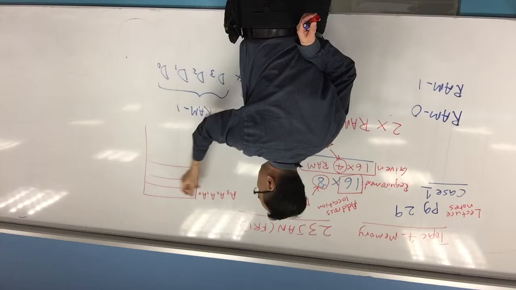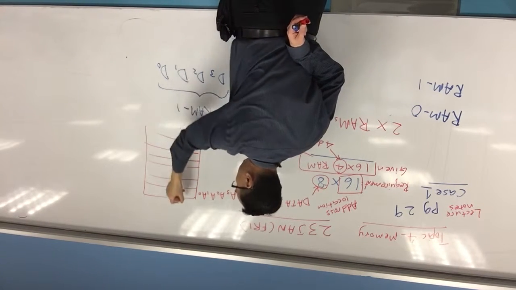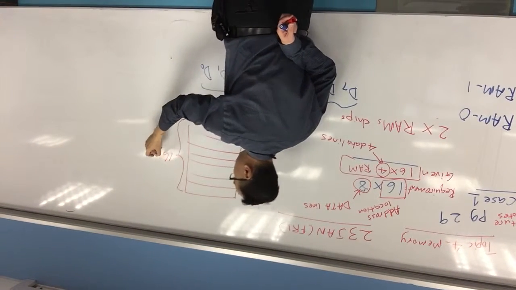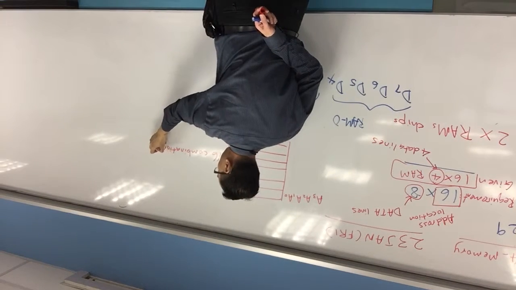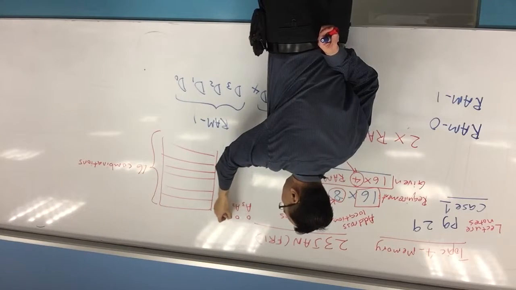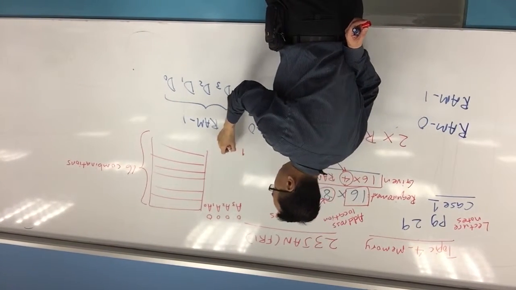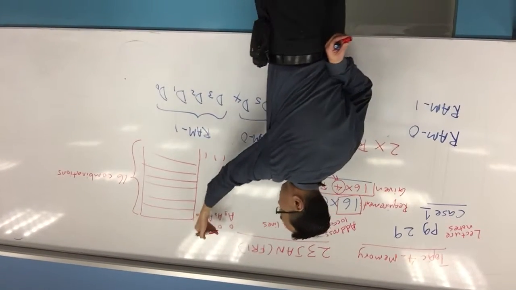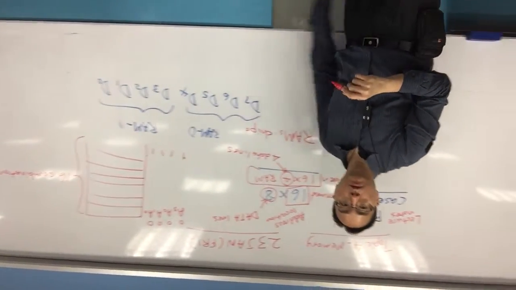So there are 16 of this combination, from here to here. 16 combinations. It's very much like your digital logic, right? Because this one can represent this, all the way until this. So it means 16 different combinations. Is that clear?